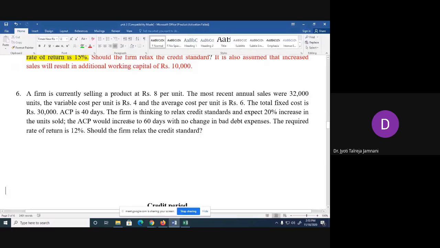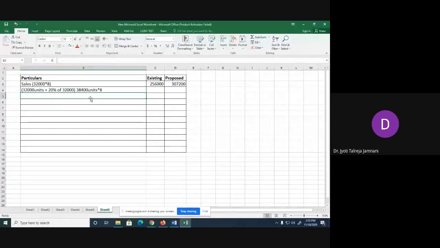Okay. Next, what we do, we less the variable cost, and they have told you the variable cost is 4 rupees per unit. So we will take that. We'll write here less variable cost. In the first case, we have 32,000 units into 4 rupees per unit as the variable cost.